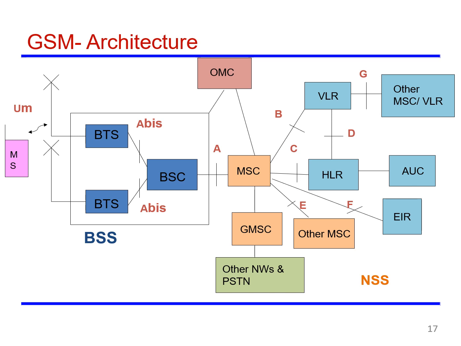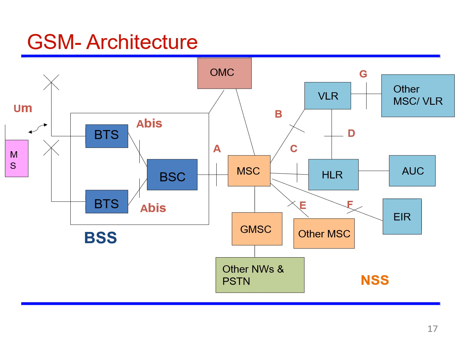So the first element in the network is the BTS, and a couple of BTSs are connected to one entity called the BSC. Base transceiver stations are connected to the base station controller, and together the BTS and BSC part we call the BSS, base station subsystem.